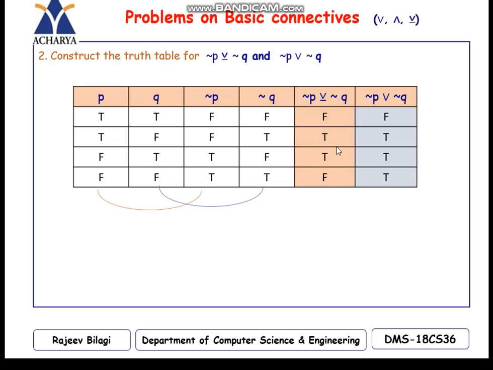Otherwise it is true. So that is why I have written FF as F, TT as F. If any one is true, alternatively, if it is true, then false. If it is true, it is false, then it is T. So the value for this is F, T, T, F. Okay, so this is the truth value for this particular compound statement.